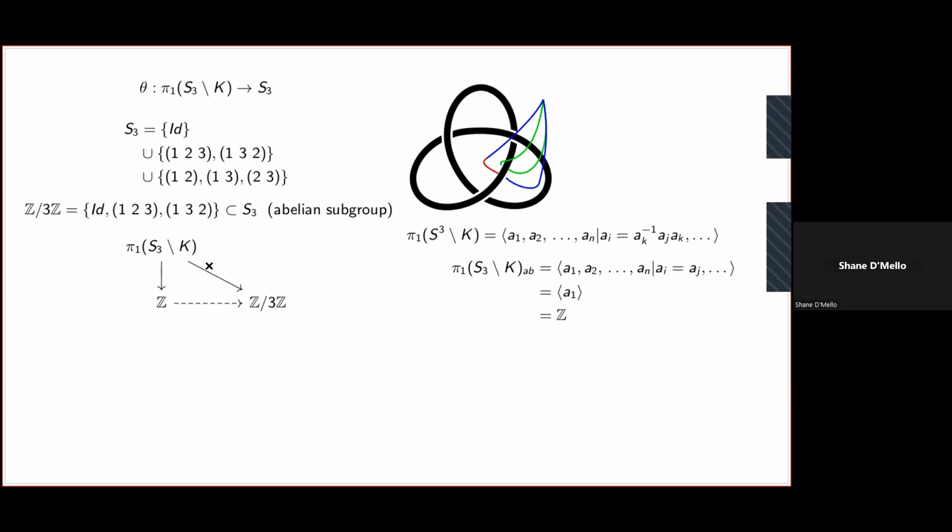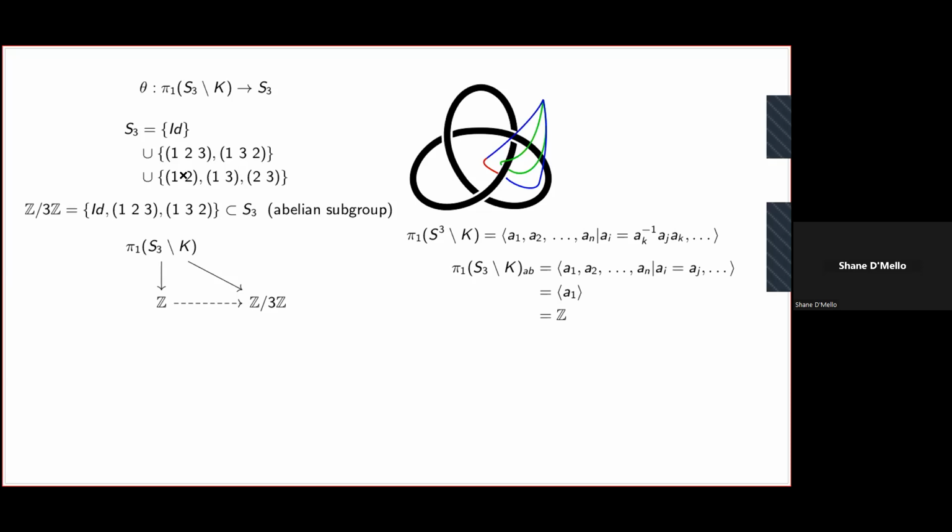Another observation which you can make is that since all the generators are related to each other, at least in the case of a knot, via conjugacies, if one generator maps to a conjugacy class, all the other generators have to map to the same conjugacy class.